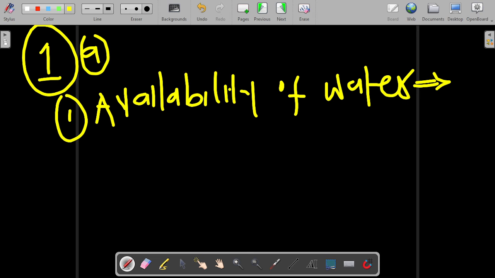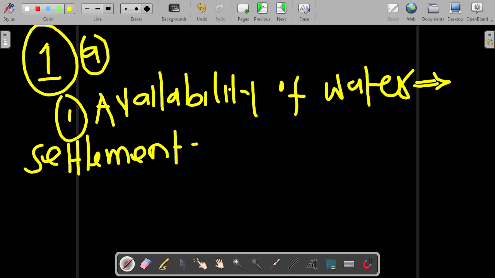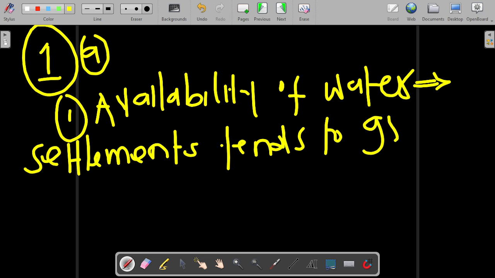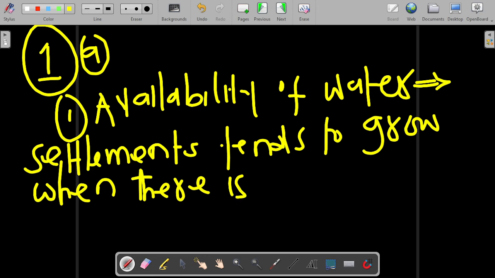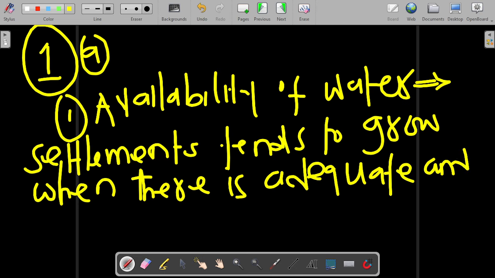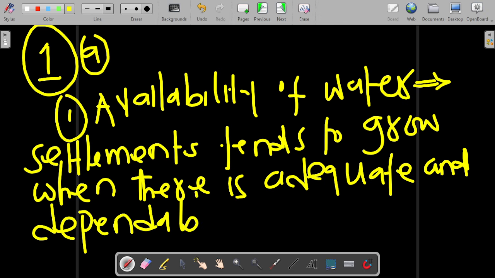Settlement tends to grow when there is adequate and dependable, so you can't depend on others to supply you water.